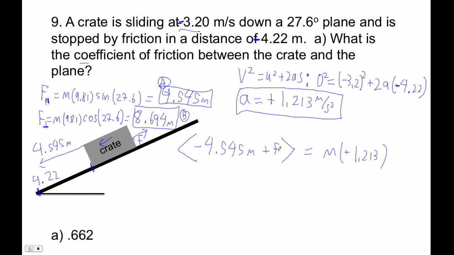All right, now let's see. Okay, I get what's going to happen here. Okay, so what I'm going to do is add this to both sides, right? Okay, and I get that the friction force is bigger than the parallel force. Of course it is, yeah. Okay, so there we go. I'm going to add that guy to that guy.